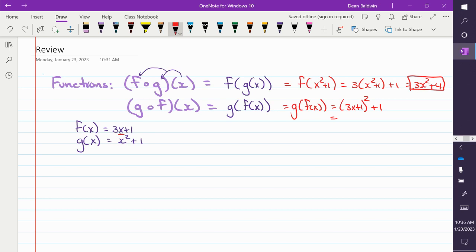Yes, you have to FOIL. 3x plus 1 all squared is not 9x squared plus 1. It is 3x plus 1 times 3x plus 1. So then you FOIL it out. 9x squared, 6x, plus 1, plus 1. There you go. 9x squared plus 6x plus 2.